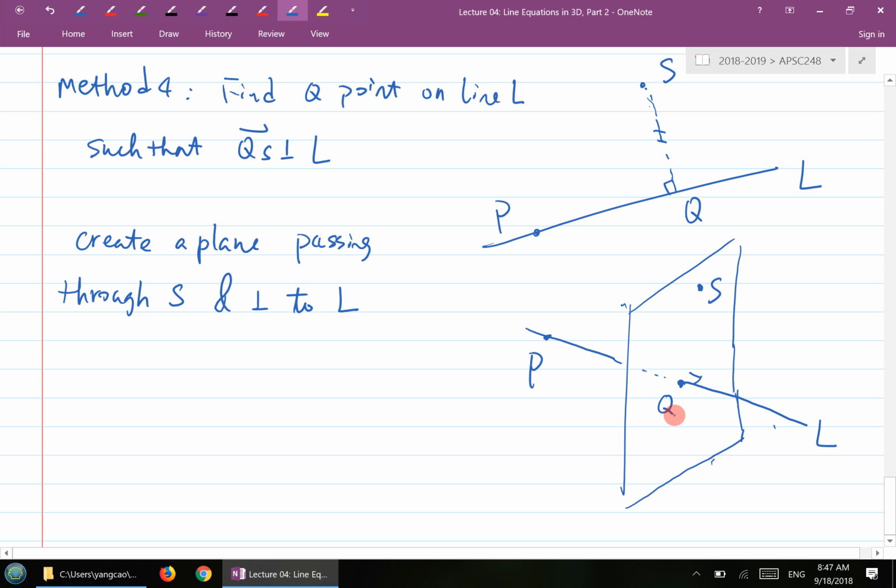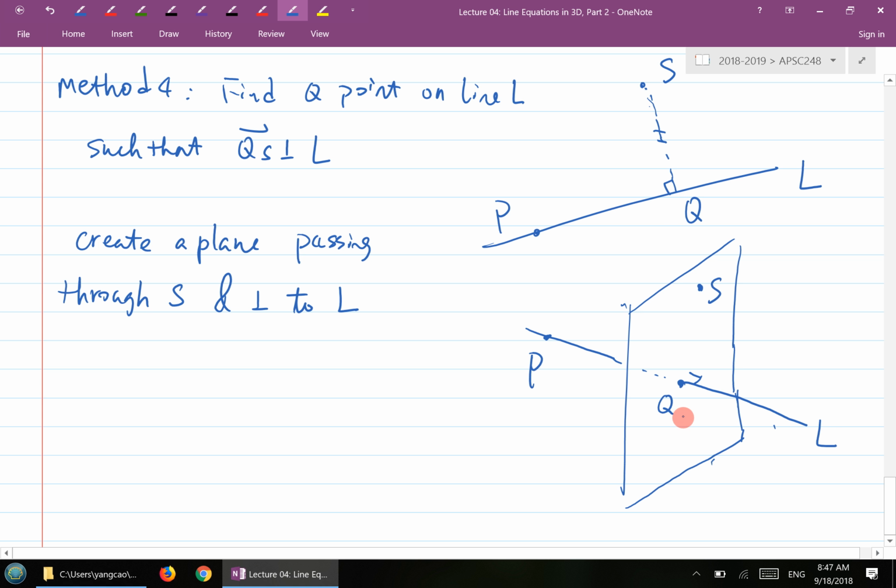That makes sense? Okay. So now it boils down to finding the intersection between the plane and the line L, and then you'll find the Q point. But of course, the first step, we have to find the plane equation first, right?